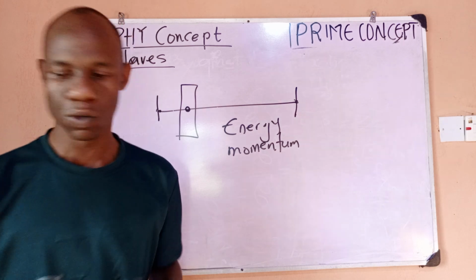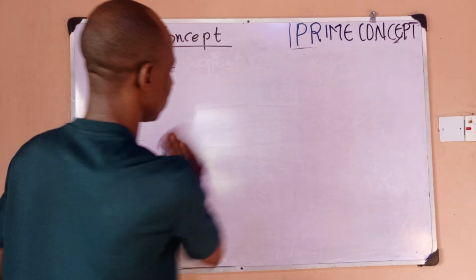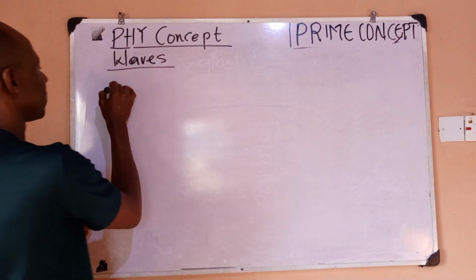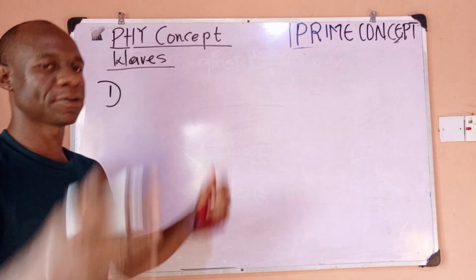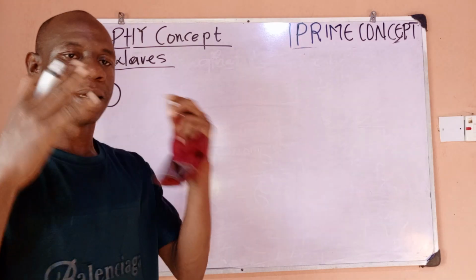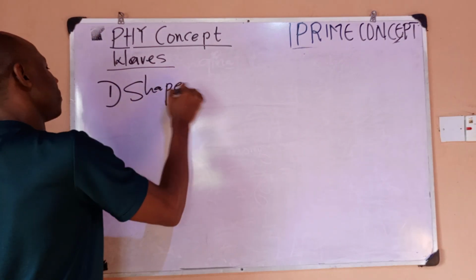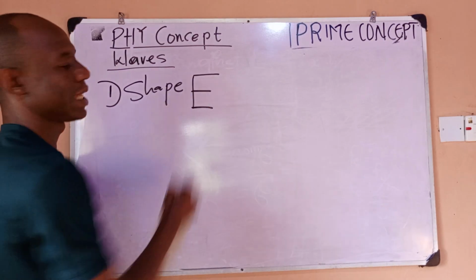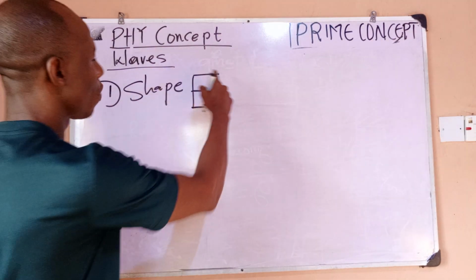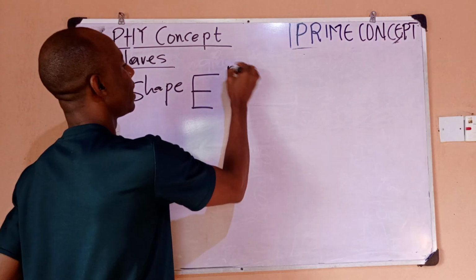How do we classify waves? I would classify waves first based on their shape. Based on shape, we can classify them into three. One type is what we know as plane wave.